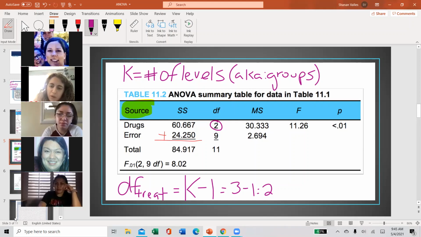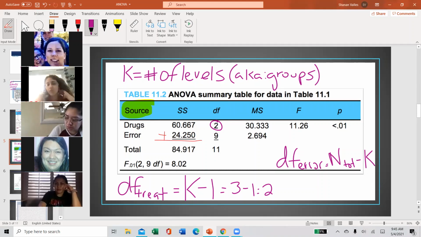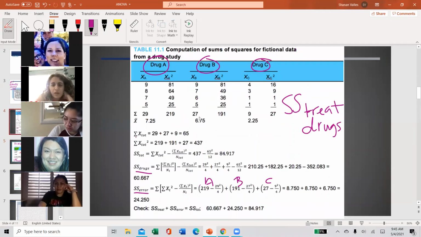Cool so far? Degrees of freedom error is equal to N total minus K. We haven't talked about N total yet.